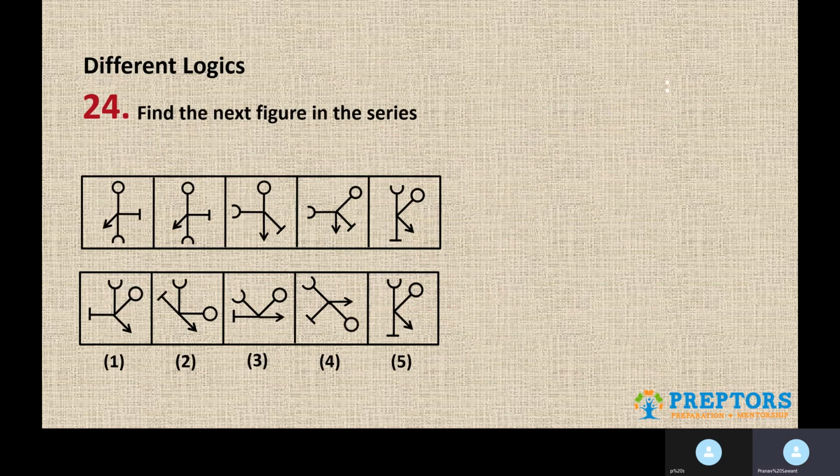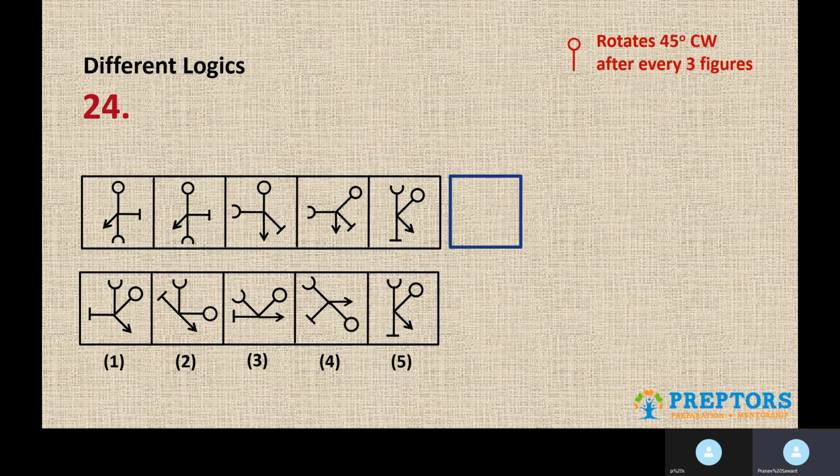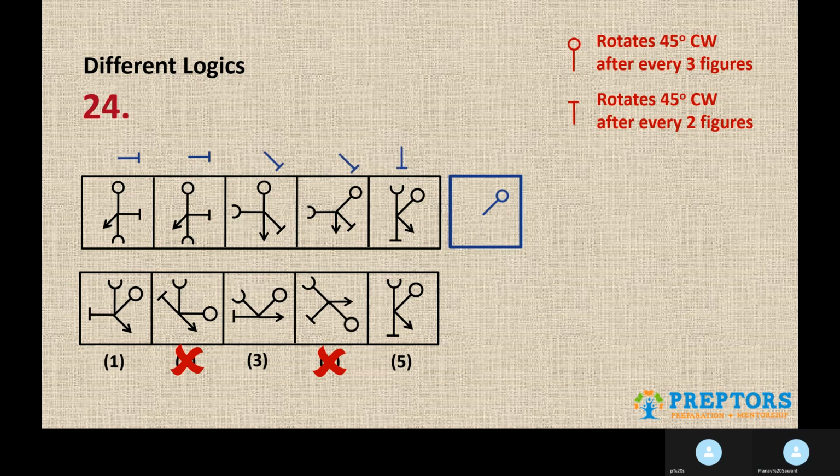Moving to next question. We have to find next figure in the series. So lollipop rotates 45-degree clockwise after every 3 figures. Option 2 and option 4 are eliminated. T rotates 45-degree clockwise after every 2 figures. Option 1 and option 3 are also eliminated.